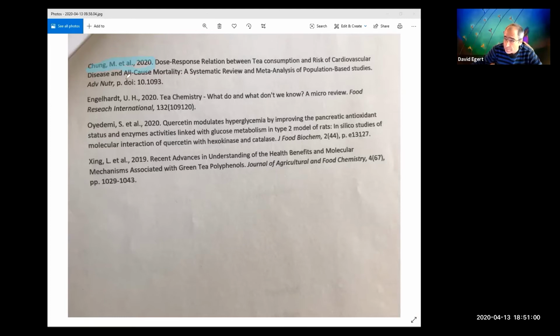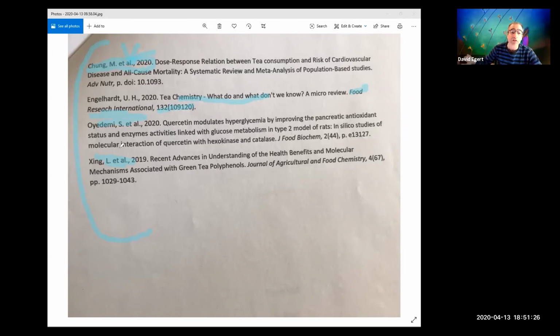But when you have your final list of references at the end, this should have all the authors. So this should not be et al. But the rest of this is good. It has the title, it has the journal, and then it has the volumes and pages and things like that.